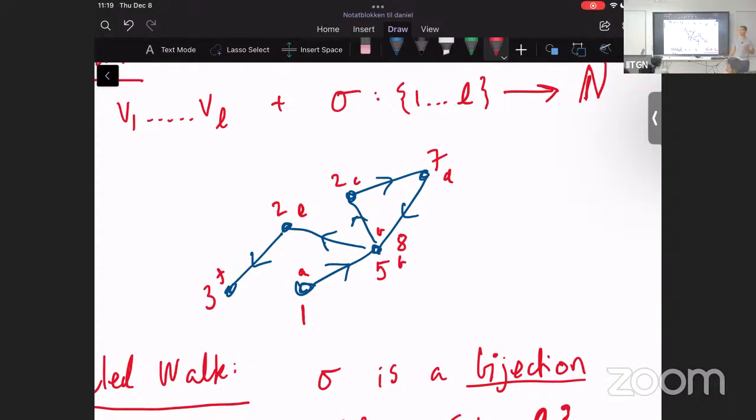And since we are asking for permutations, it's useful that this function is a bijection in the case of a multi-labeled walk. Yes, it is useful that it is a permutation. But if it was a larger set, you'll see.